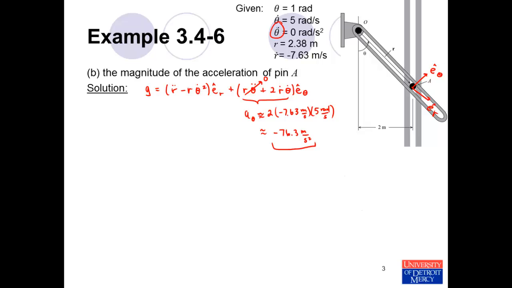So we have that component. We know what r is and we know what theta dot is, but we don't know what r double dot is. So we don't entirely know the radial component of the acceleration. But again, just like we did with velocity, we do have an understanding of the geometry of the problem. Since the pin can only move in this vertical slot, its acceleration must also be vertical.